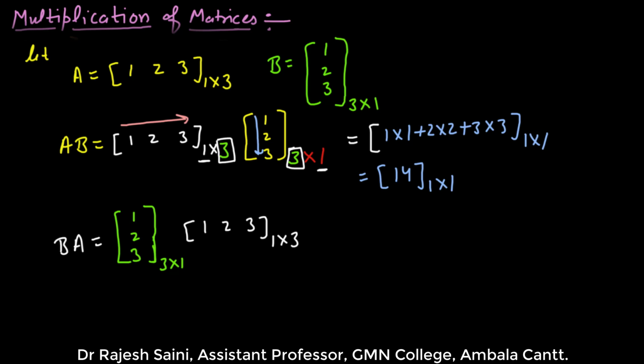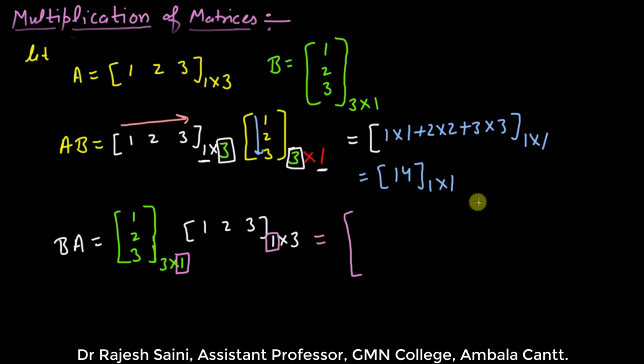Now you see the number of columns here and the number of rows here are equal, so the multiplication is valid. And the resultant matrix will have 3 rows and 3 columns, so it will be of order 3 by 3. So it will have 9 elements.